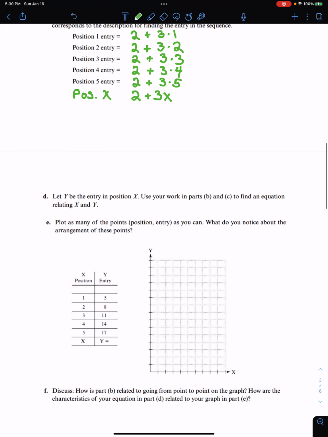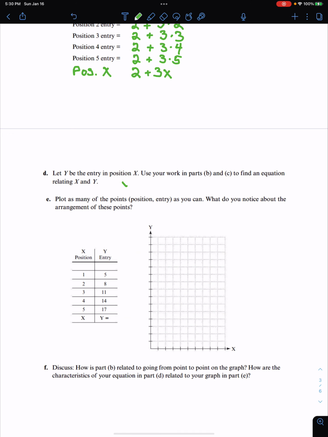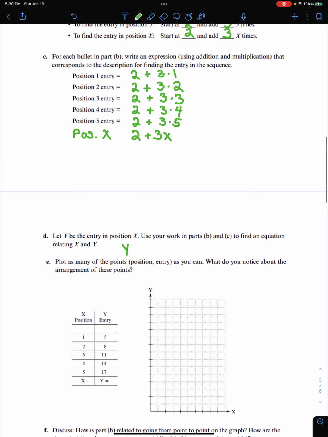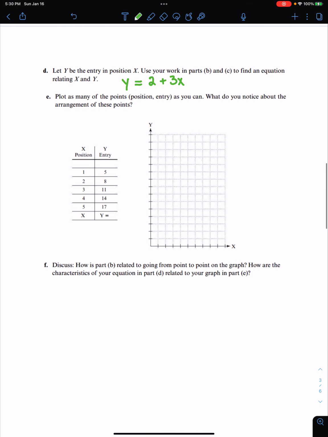And so what we could say here is y is our entry, and that equals 2 plus 3 times x. All right, so notice we're writing an algebraic equation to represent our pattern, our sequence, our arithmetic sequence.